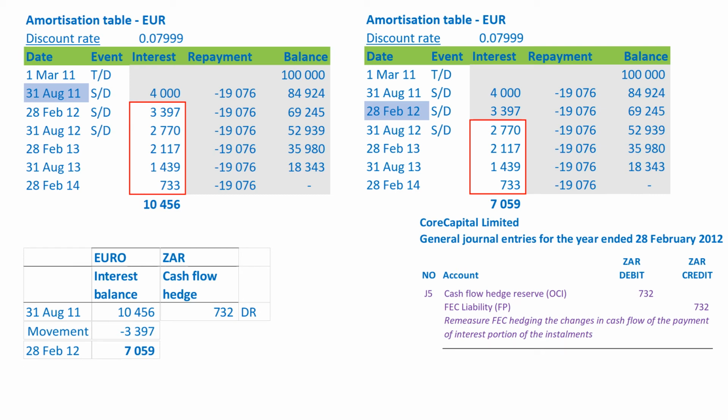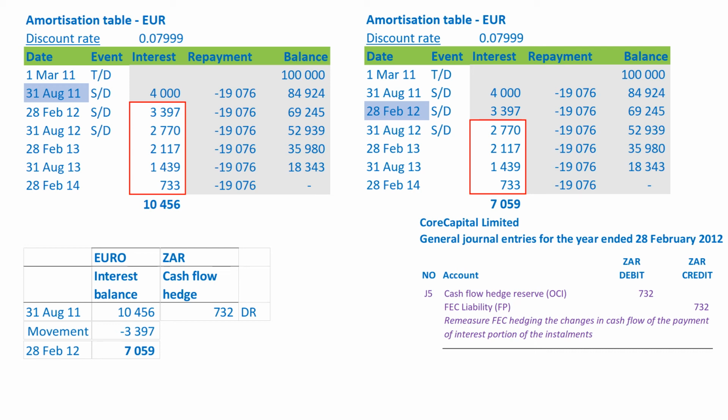If you remember, in Journal 5, we calculated our cash flow hedge to be 732 rands, which was a debit. The next step would be for us to calculate what portion goes to profit and loss.